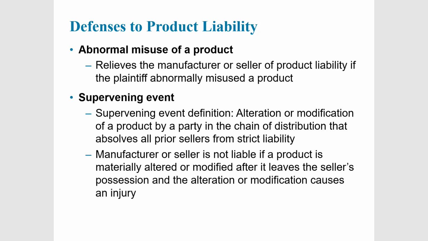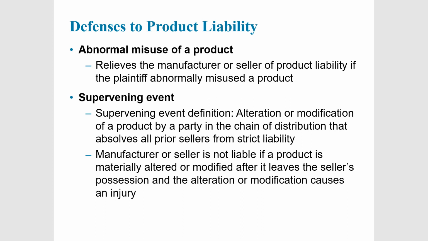Another defense could be abnormal misuse of a product. Okay, so I buy some product and I'm using it for something that is not what it's designed for, or I'm just misusing it in some other way, and that causes injury, then that would be a good defense to a product liability suit.